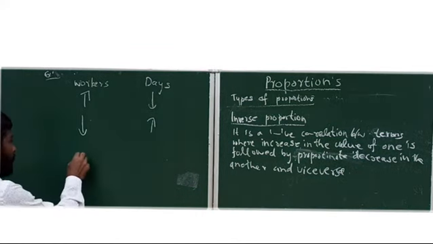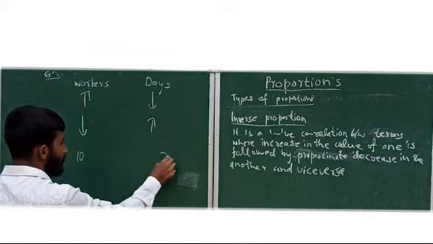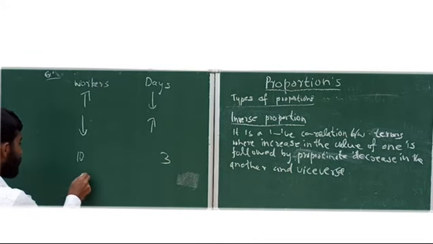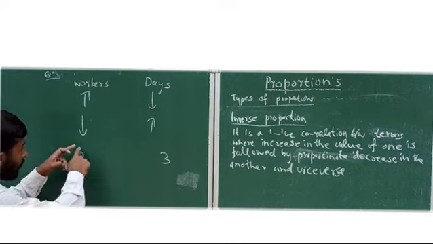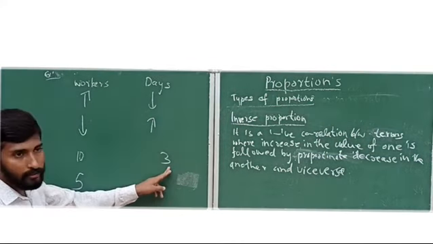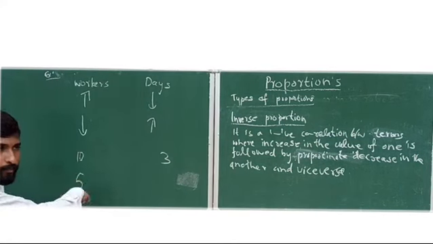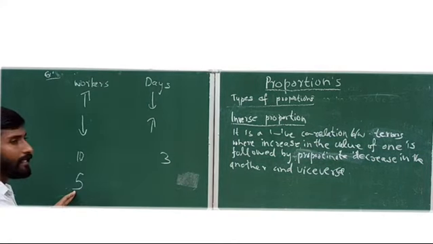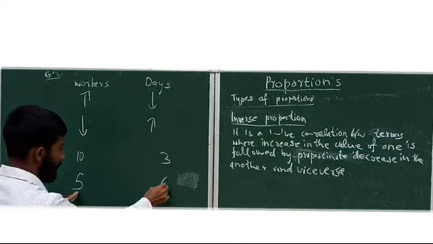See, suppose 10 people are there, they are finishing that work in 3 days. If the number of people or workers reduces to 5, for 10 people they require 3 days, but 5 people are there, that means fewer people, clearly they need more days to finish that work, right? Suppose they may take 6 days.